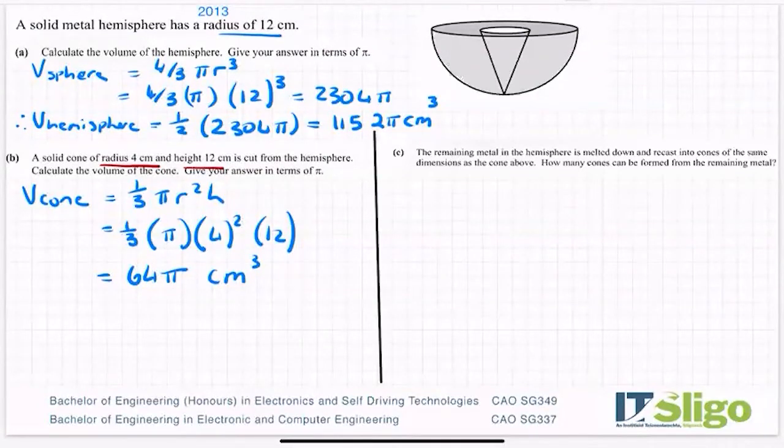So part C then says the remaining metal. That's important, the remaining metal in the hemisphere is melted down and recast into cones of the same dimensions as the cones above. How many cones can be formed from the remaining metal? Well, the first thing I would say is how much remaining metal is there?